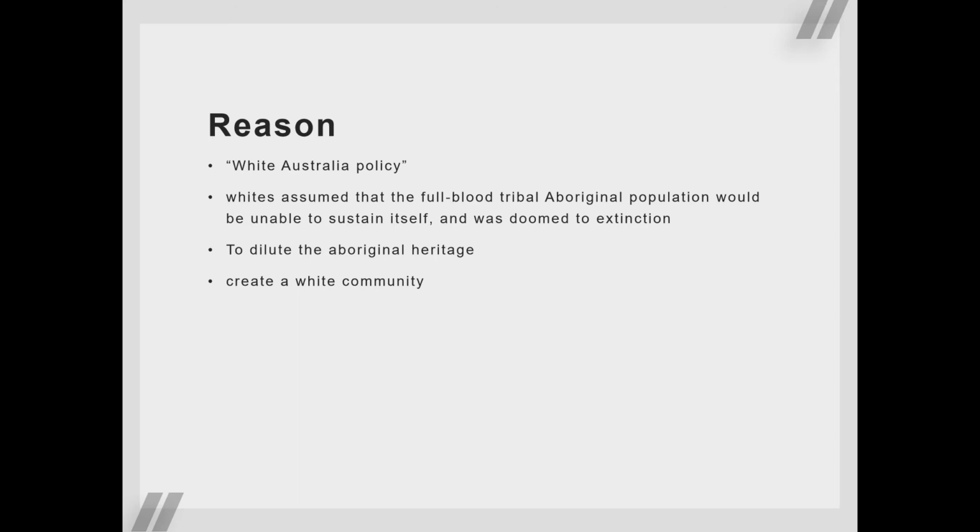White people also thought that the full-blood Aboriginal population could not survive, and that mixed-race children could be trained to work in white society and over generations would marry white people and be assimilated into society.